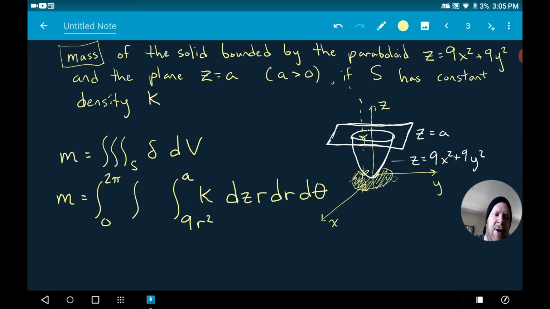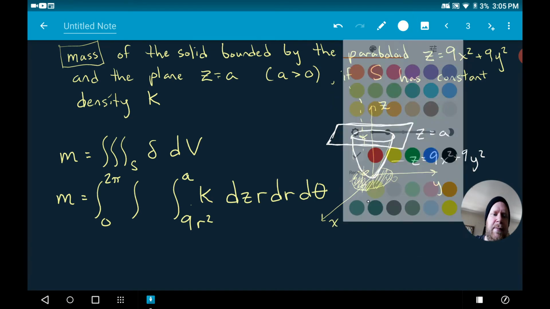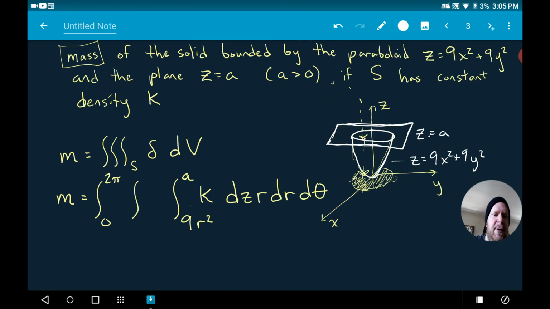It's occurring when these two surfaces intersect each other, right? So this is happening at the intersection of this plane and this paraboloid, and intersections happen when we just set them equal to each other.